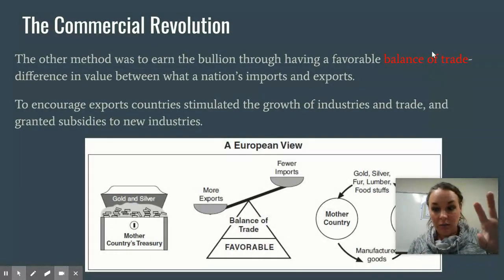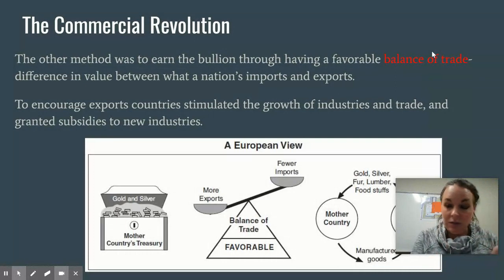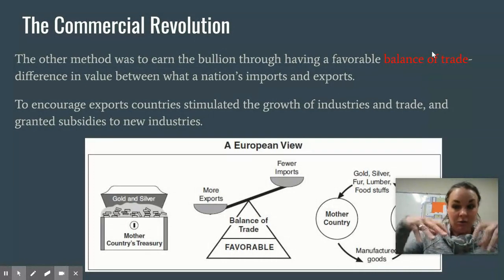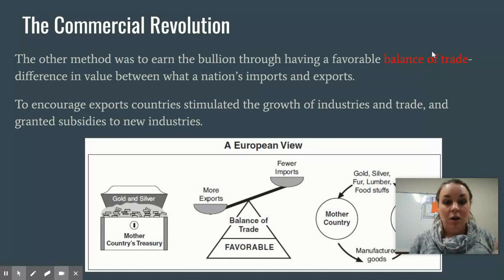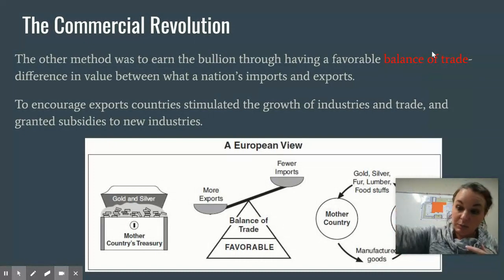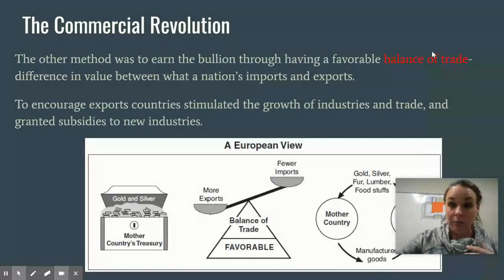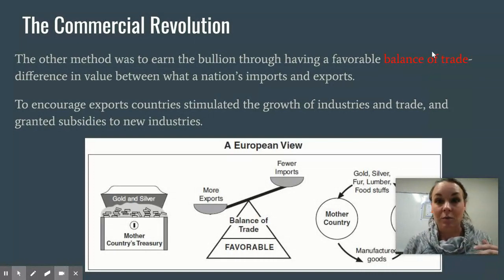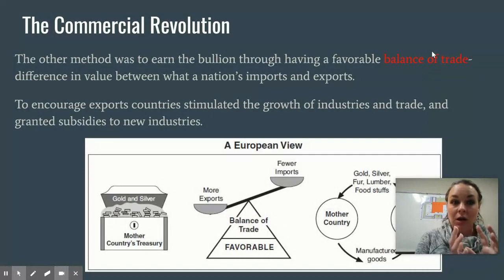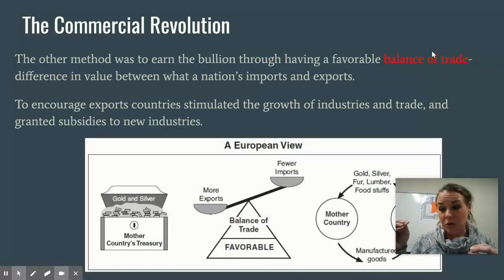So again, you've got the principle of mercantilism. As you can see, the mother country's treasury right there, chock full of gold and silver. You want a favorable balance of trade. And then, of course, you want, from a European standpoint, to exploit those colonies with cheap labor and bring all of those raw materials out of the colonies and into the mother country, where the raw materials are then refined into a marketable product, because that's where your money is, right?